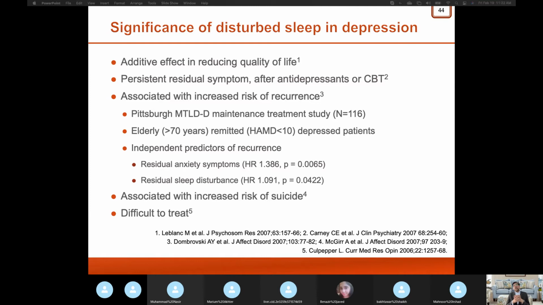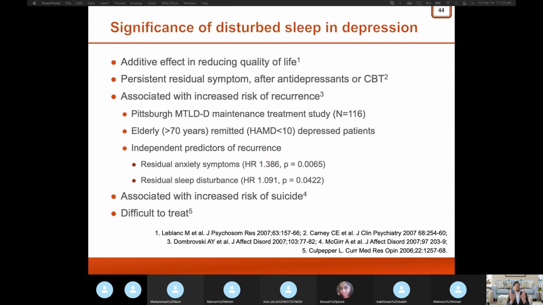So, additive effect in reducing quality of life. Persistent residual symptoms after antidepressant or CBT are associated with increased risk of recurrence. The Pittsburgh maintenance treatment study indicates that patients do have insomnia even after they recover from other symptoms of major depressive disorder.